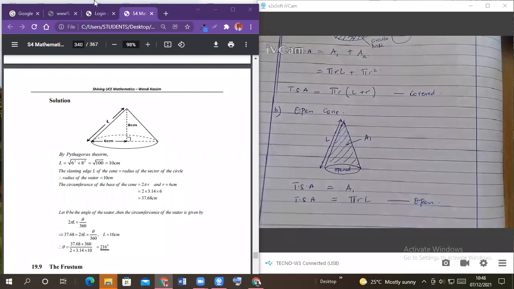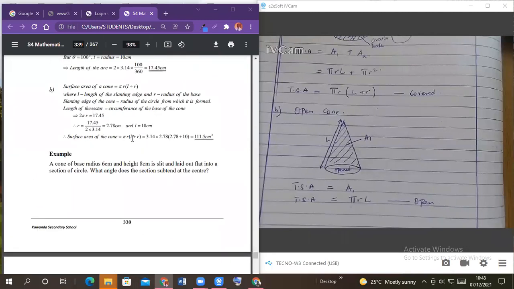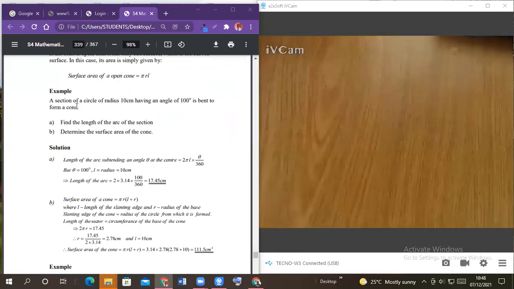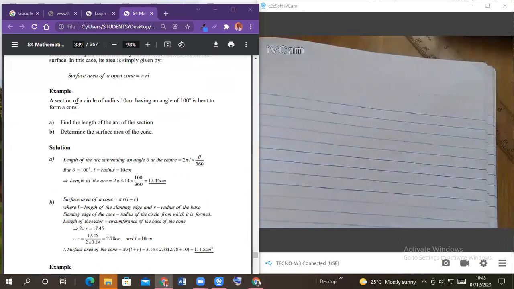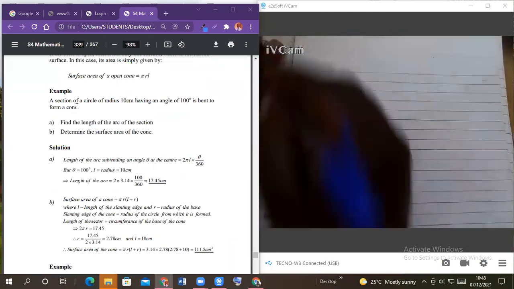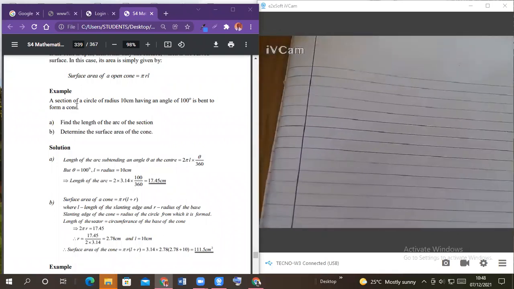Okay, so now there were some questions that kept following from that step. For instance, let us look at this question here. They are saying that a section of a circle of radius 10 centimeters.